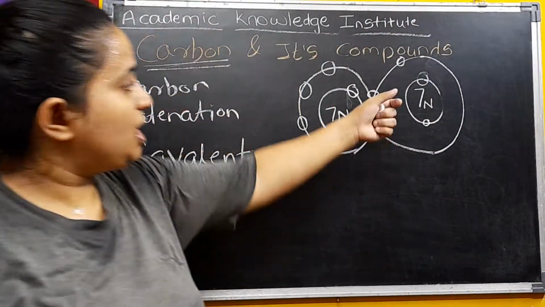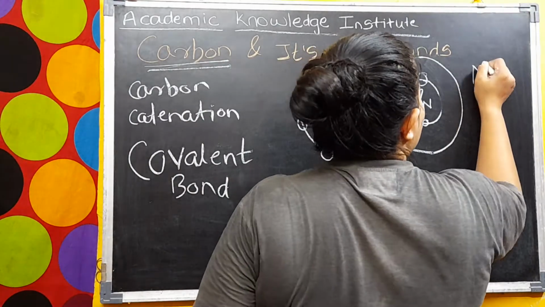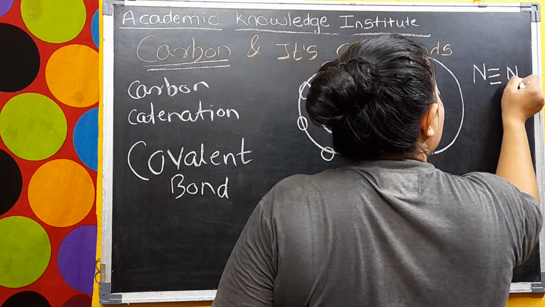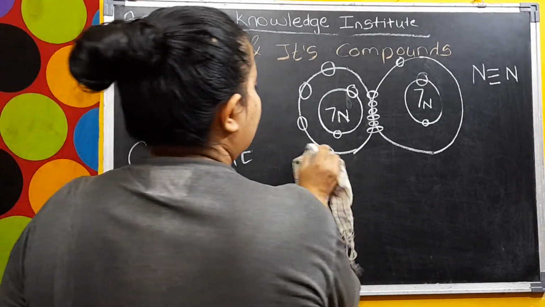So they share 3 pairs of electrons. That's why we write nitrogen like this. So this is the triple bond. Understood, student?